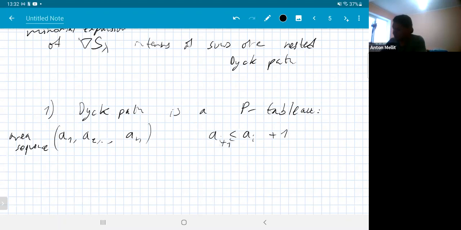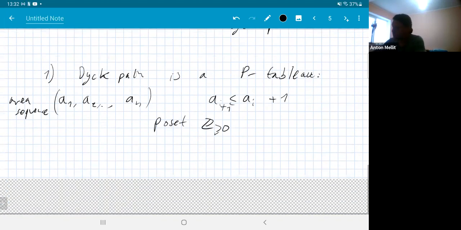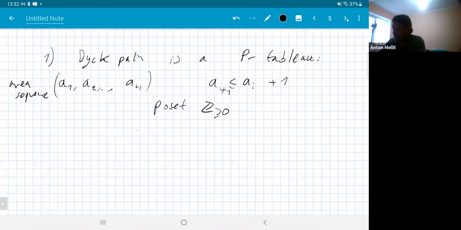Now let's consider a poset of integers z greater or equal to 0. And we say that i is less than j if i is at least j plus 2, instead of j plus 1.